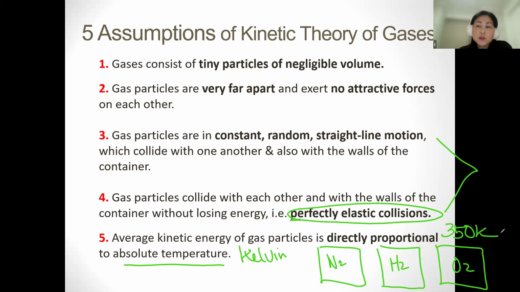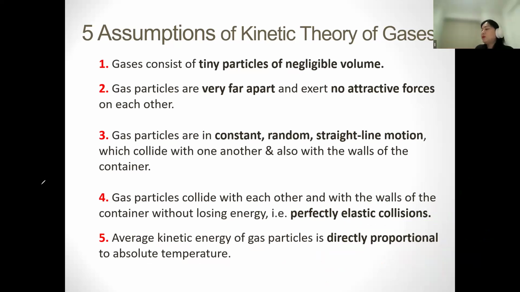The lighter molecules will move faster, whereas the heavier molecules will move slower. So those are the 5 assumptions behind the kinetic theory of gases, and we make use of these 5 assumptions to understand gases better.